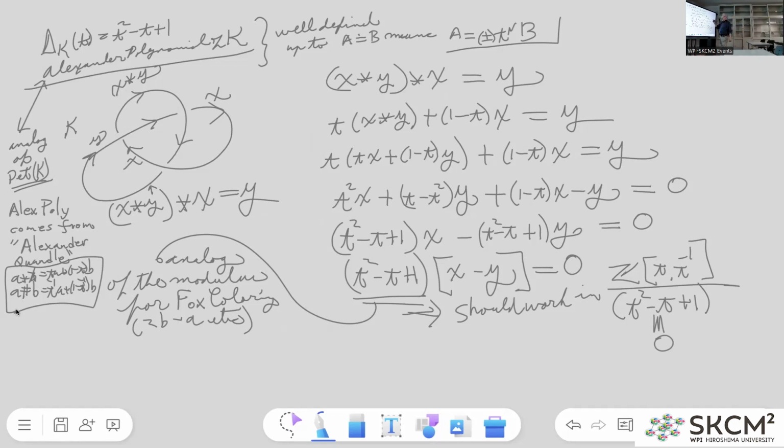You will notice, let's write that quantal definition again. A star B is TA plus 1 minus T B, and A sharp B is equal to T inverse A plus 1 minus T inverse B. Note the following.